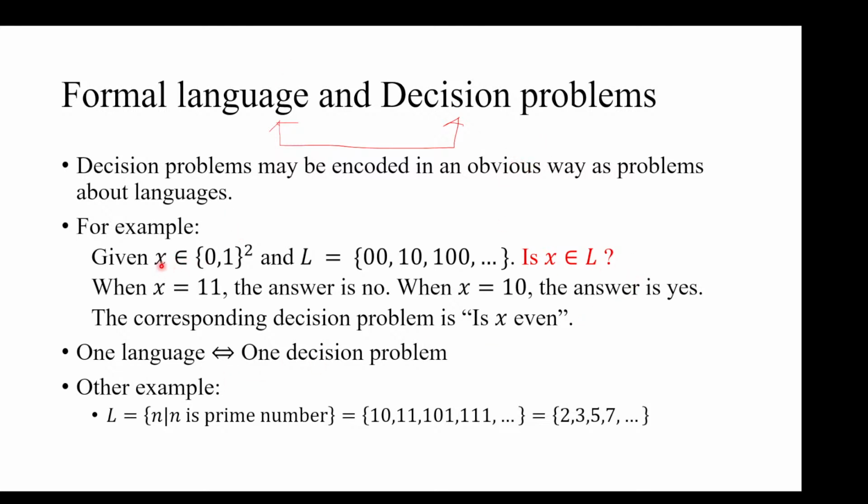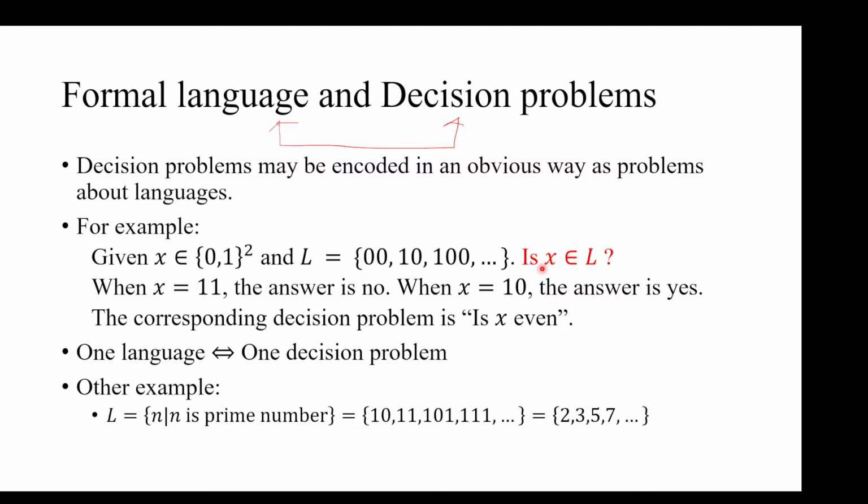And here in this example, you see the correspondence between your language and the decision problem. You have a language here, and then you just ask, is an input string inside this language? And that gives you a decision problem. It's either inside the language or not inside the language.